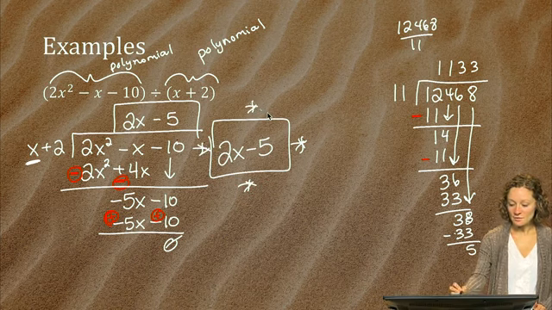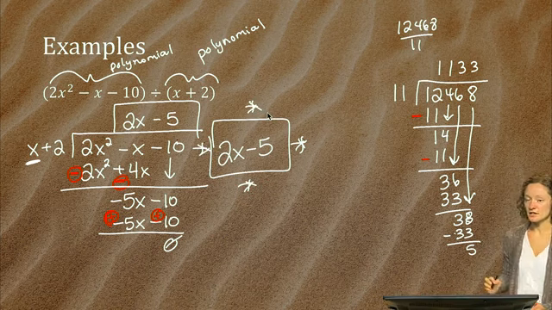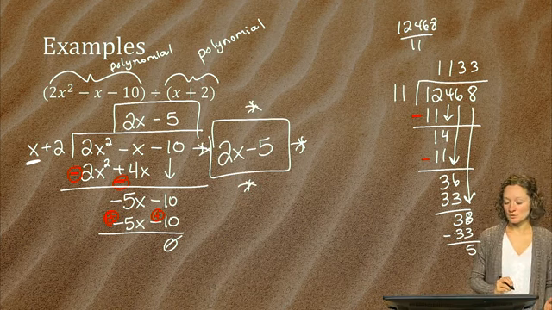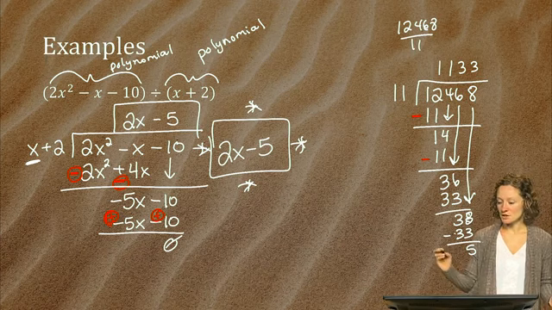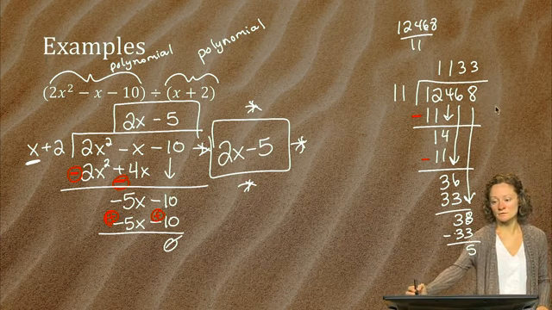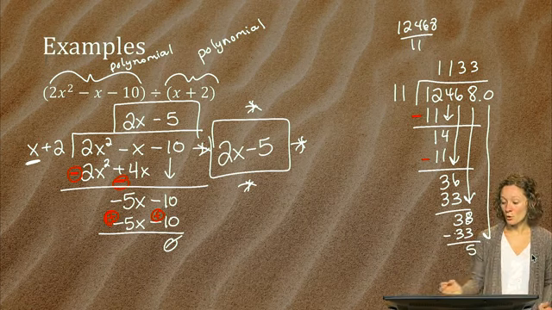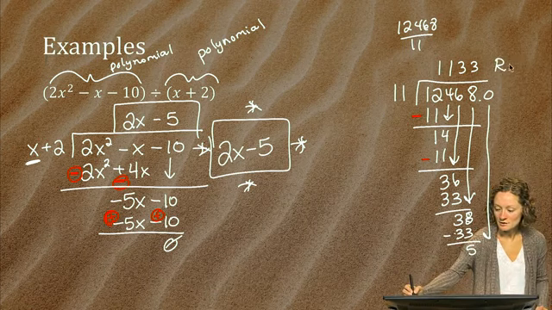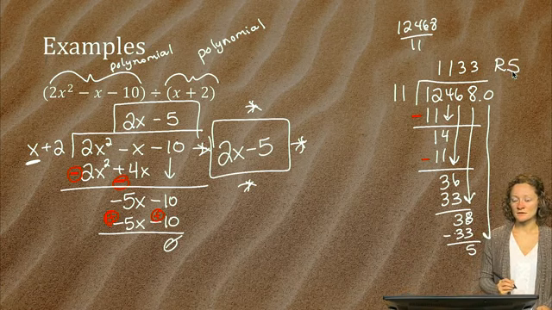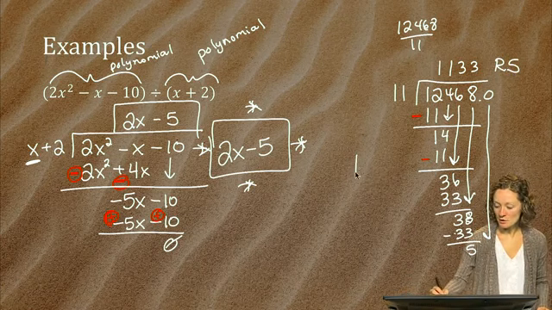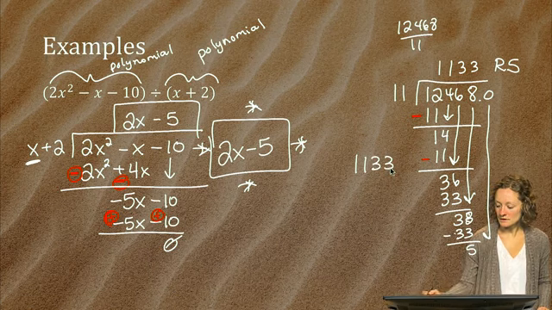If it did have a remainder, like this problem right here, there were a couple strategies we used to fix that. You could either add a decimal and keep going forever and ever, or sometimes we wrote remainder 5, or sometimes we wrote this as a fraction, 5/11.